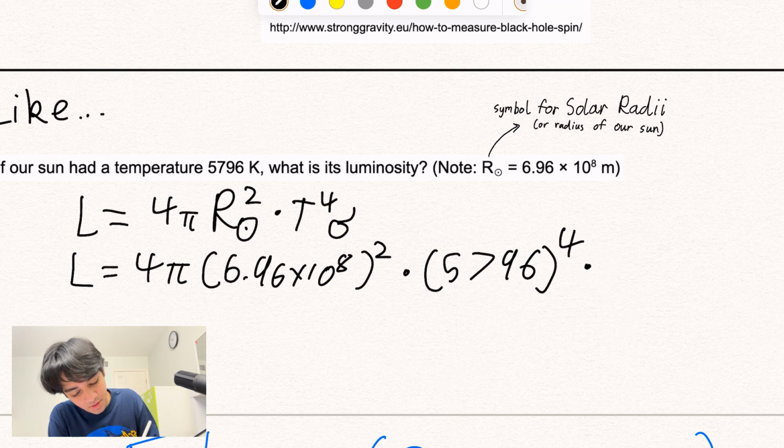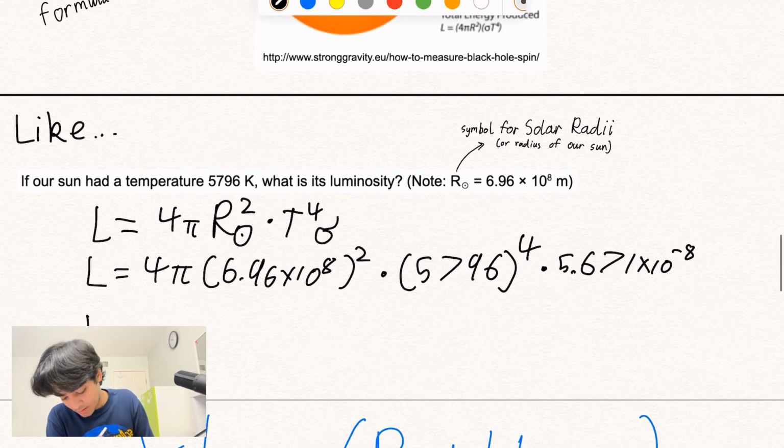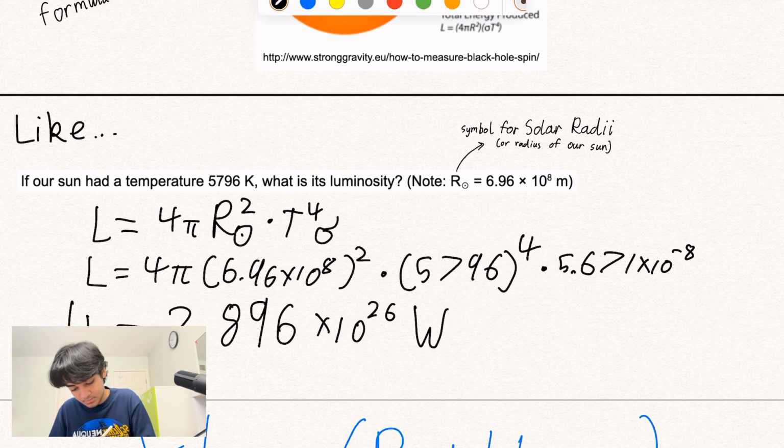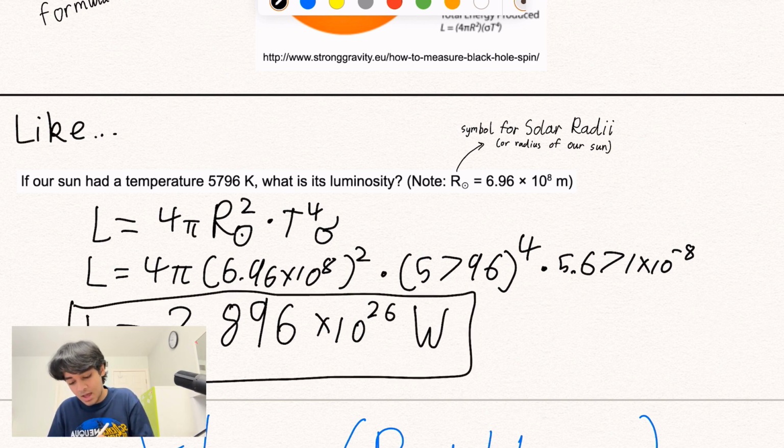And the Stefan-Boltzmann constant is 5.671 times 10 to the power negative 8. Let's plug this into our calculator and we'll get our luminosity as 3.895, or 6 if we're rounding, times 10 to the power 26 watts. So this is our final answer, and this is the luminosity that our sun emits.